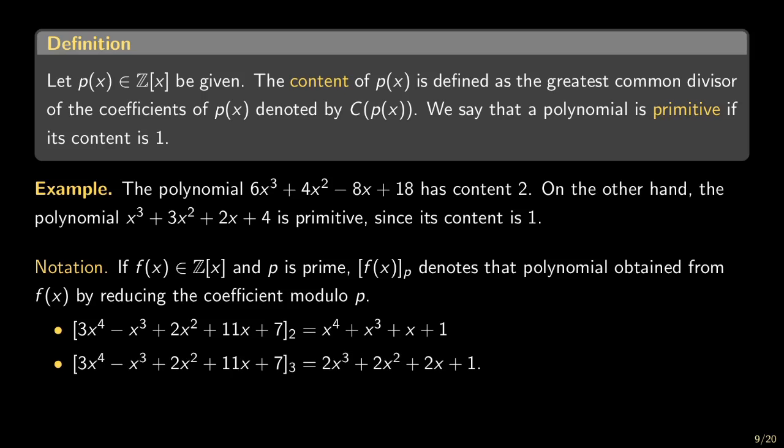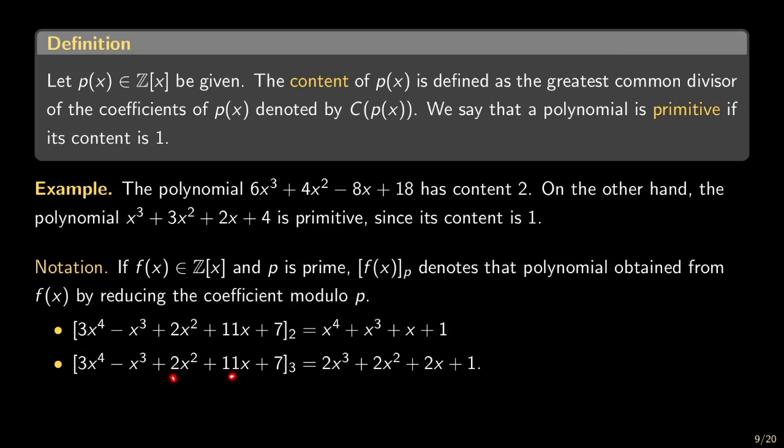If we try to reduce the same polynomial modulo 3 instead, what do you notice? Again, 3 is 0 modulo 3. How about negative 1 modulo 3? Negative 1 plus 3 is 2. So it's 2 modulo 3. 2 modulo 3 is 2. 11 modulo 3: if you divide it by 3, take the remainder.